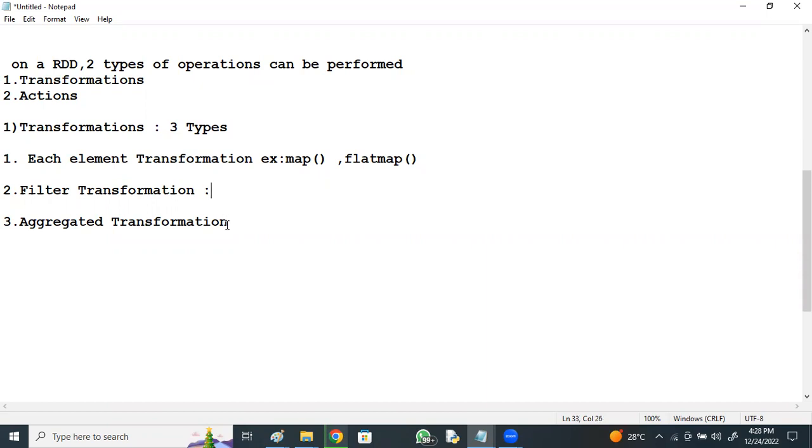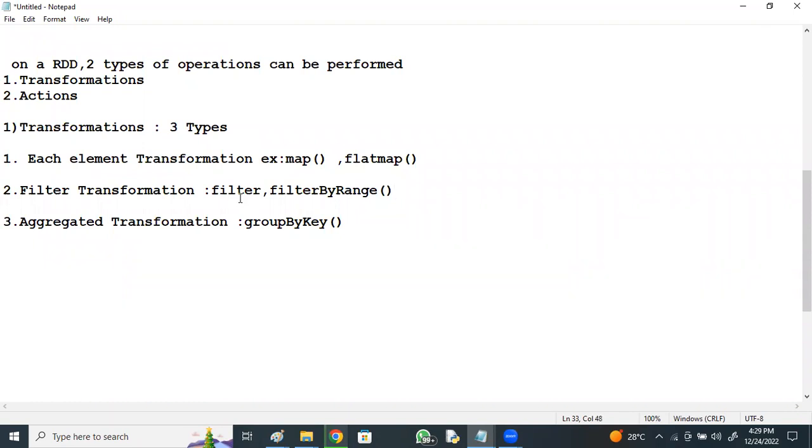Aggregated transformations are groupByKey and reduceByKey. For filter transformations we use filter and filterByRange. We have some inbuilt transformations; by applying these, we can directly get the result. No need to write huge code.